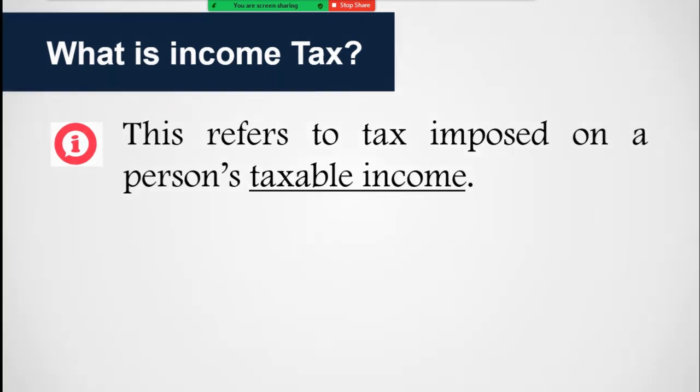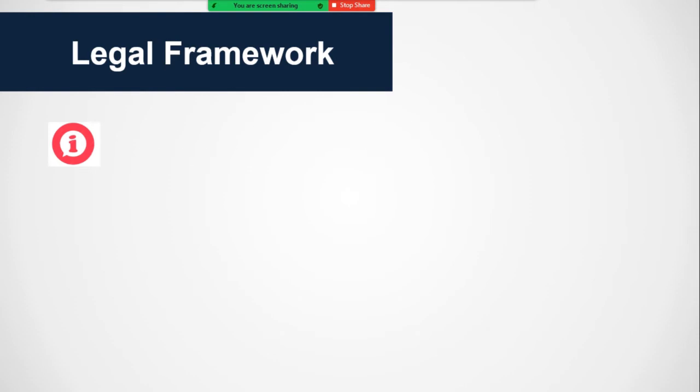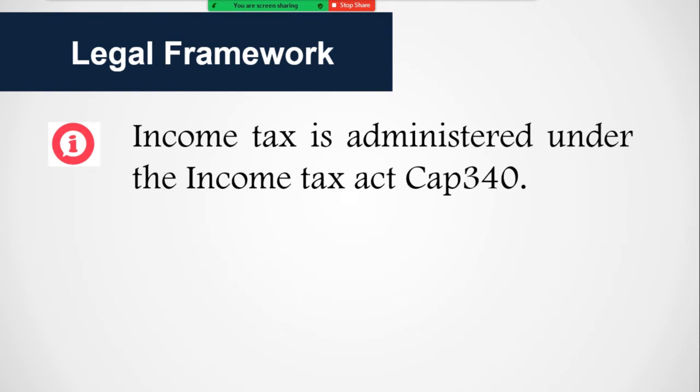So in our discussion, we want to look at the legal framework that governs the income tax. Income tax is administered under the Income Tax Act, Cap 340. This means that this tax is legitimate and recognized by the legal framework in Uganda.